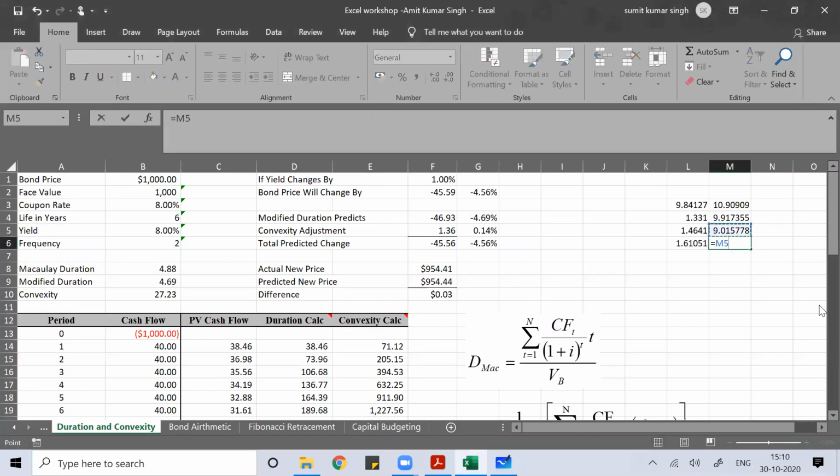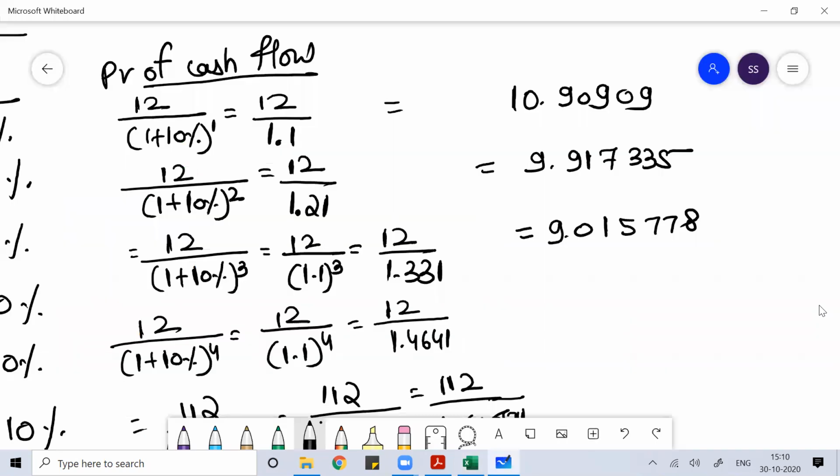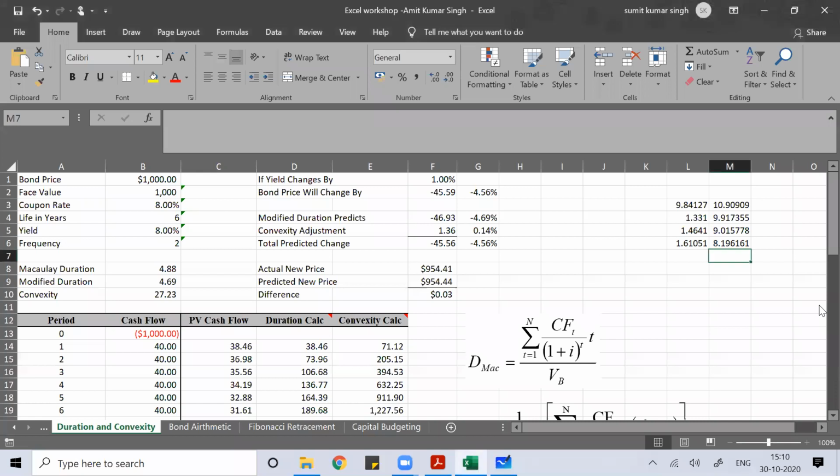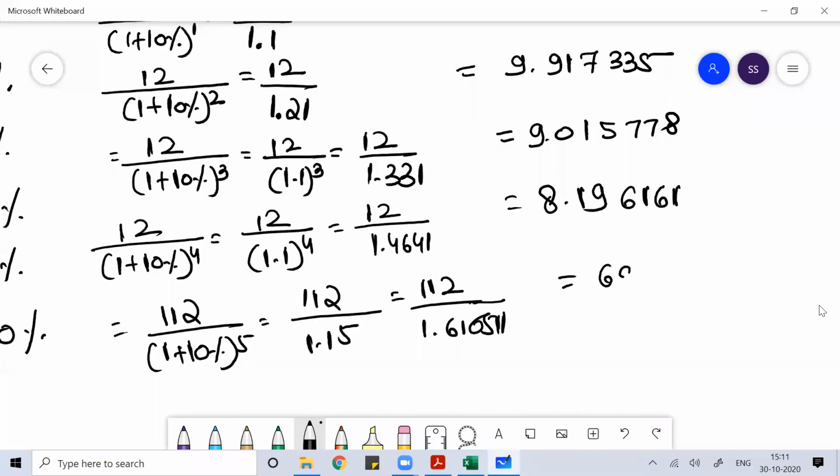Then again divide by 1.1, that is 8.196161. Then 112 divided by 1.6105 is 69.54319.